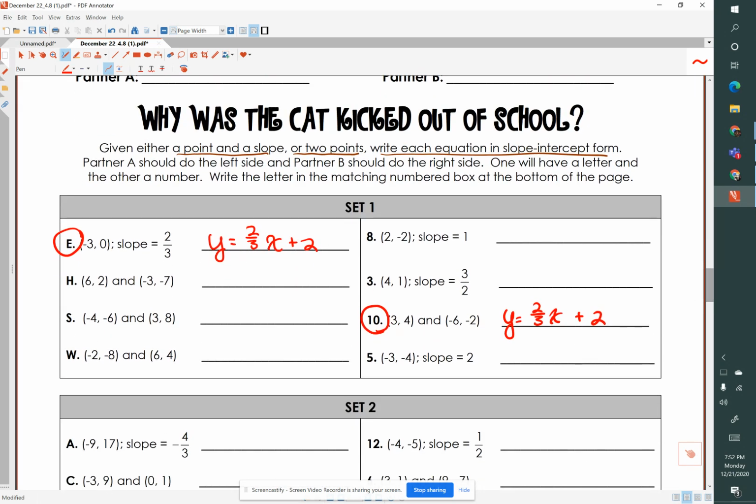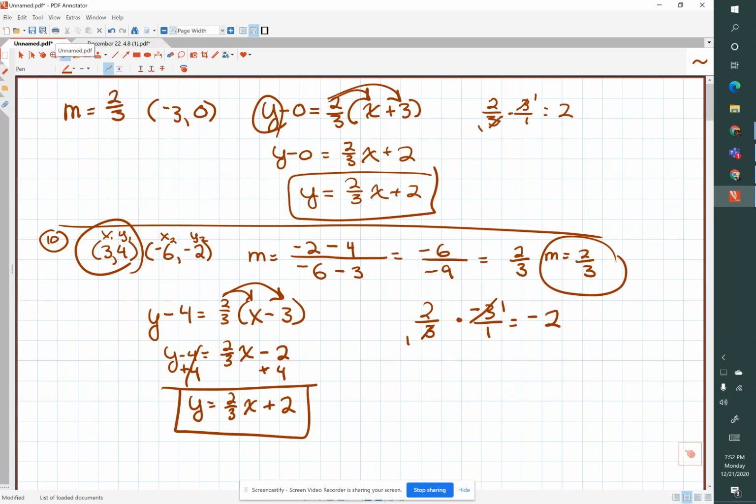So let's choose, let's do H. We have the point 6, 2, and -3, -7.